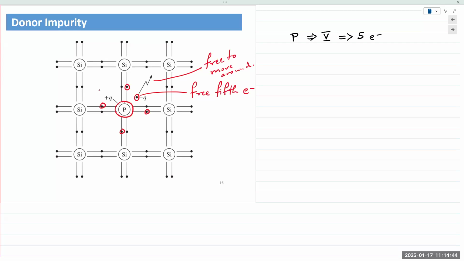So this is charge neutral. So far, so good?